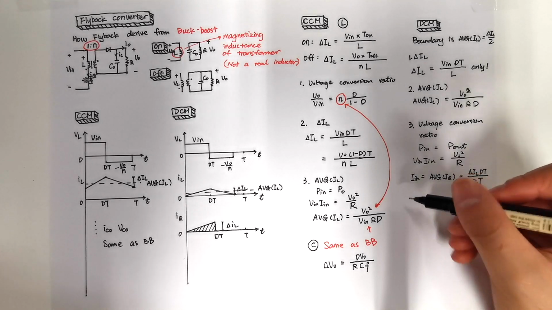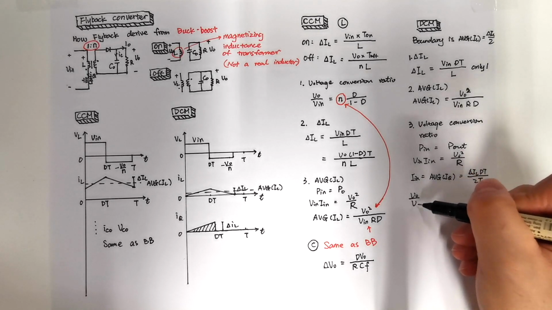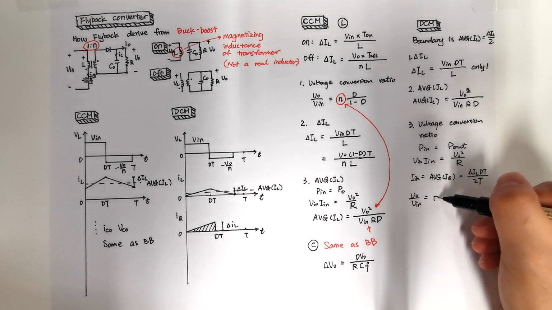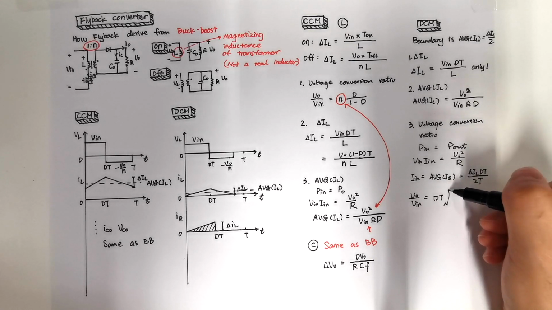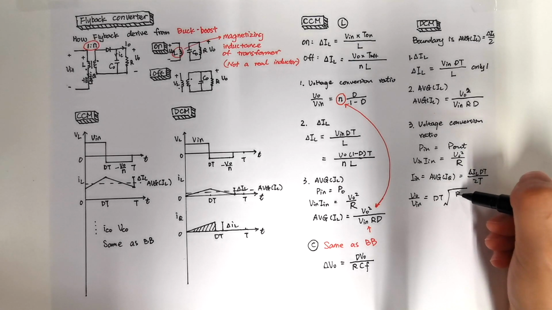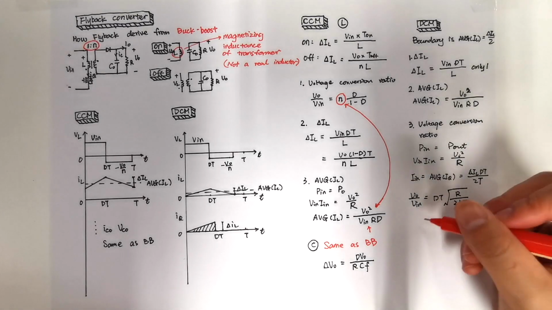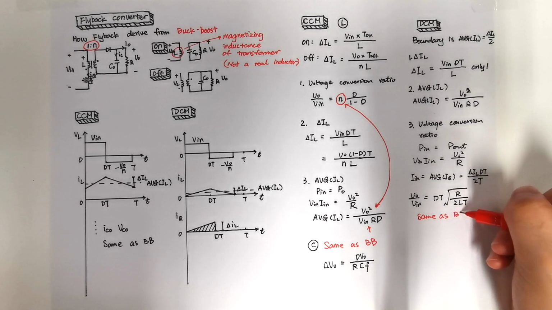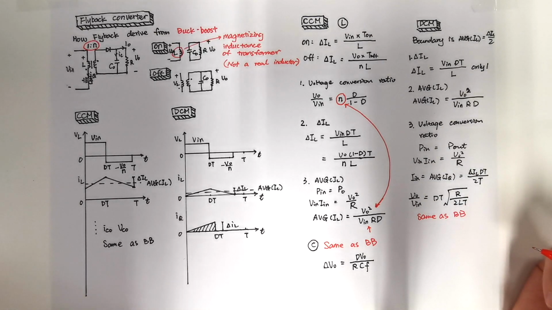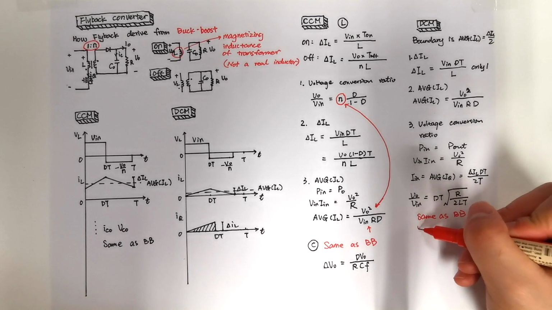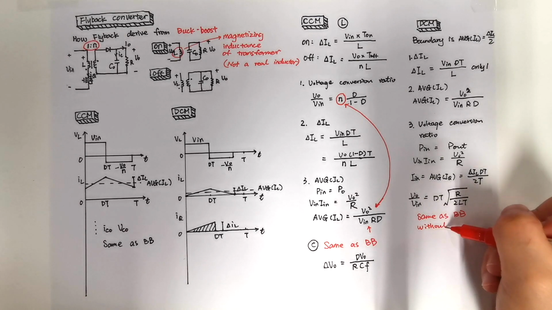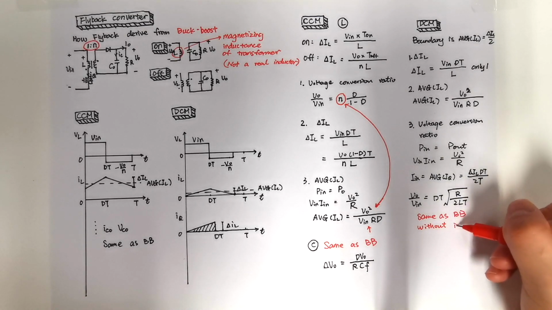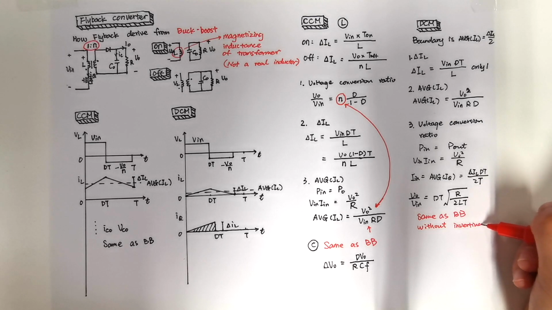So we can have our V out divided by V in equals d T times the square root of R divided by 2LT. And this is the same as buck boost, but because we use a transformer, we don't have the inverting.